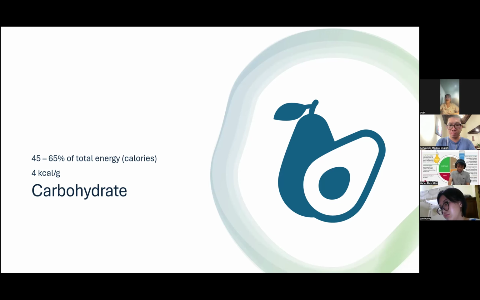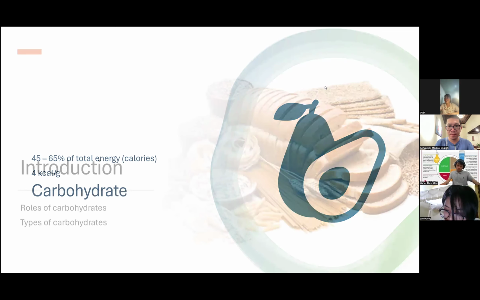As we know, carbohydrates are the main energy source of the body, accounting for 40 to 60% of total energy. Carbohydrates provide 4 kilocalories per gram. Sugar plays an important role.